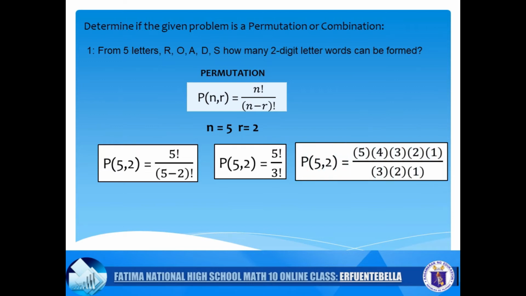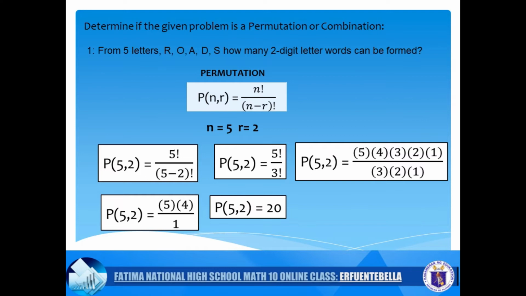So by simplifying, 5 factorial is 5 times 4 times 3 times 2 times 1 over 3 factorial is 3 times 2 times 1. So cancel 3 times 2 times 1 becomes 1. So we have now 5 times 4 over 1, and 5 times 4 is 20. And so therefore we have 20 ways of arranging 2-digit letter words from the letters R, O, A, D, and S.